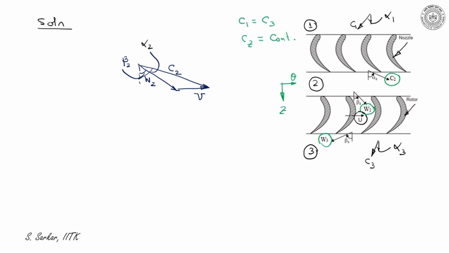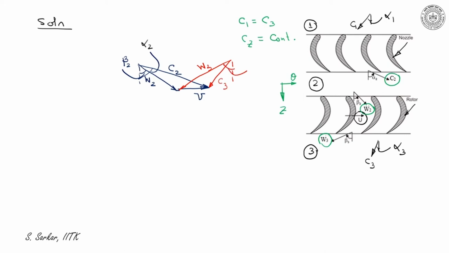Let me draw the exit velocity triangle with another color. This is W2 plus U and this is C2. W2 makes an angle beta 2. I'm very sorry, this is W3, the exit velocity triangle. W3 plus U would result in C3.